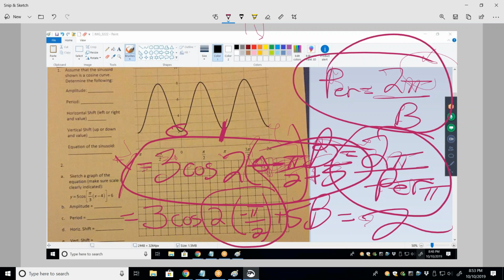Here's what you're looking at. 2 times minus pi over 2. You've got to be able to do this kind of algebra, Brandon. So what is that equal to? Cancel. Always be thinking cancel. Okay, good. So now we need, what's the cosine of negative pi?